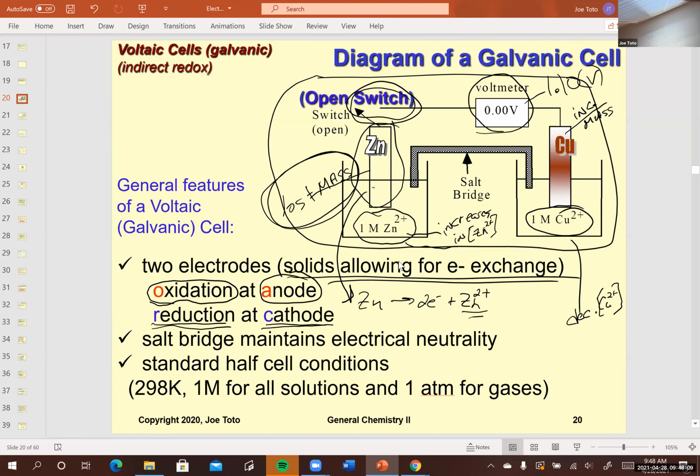And that would explain the increase in the concentration of zinc, and it would also explain the loss in mass of that electrode. All right, so what's happening over here on the copper side?